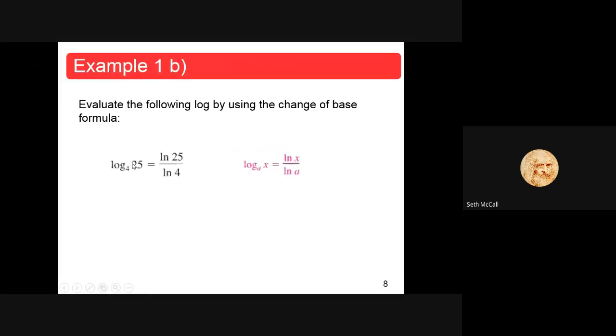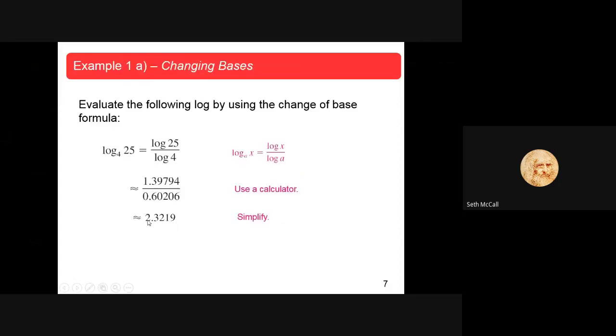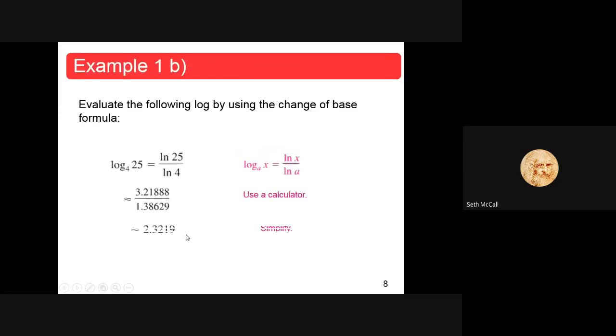You can also take natural log of 25 and divide by natural log of 4, and you will get the exact same answer. Now, the numbers that you come up with here and here aren't the same, but the answer at the end will be the same. You can see it's 2.3219, and if you go back to the one before that, that was also 2.3219. So it doesn't matter what base you change it to.